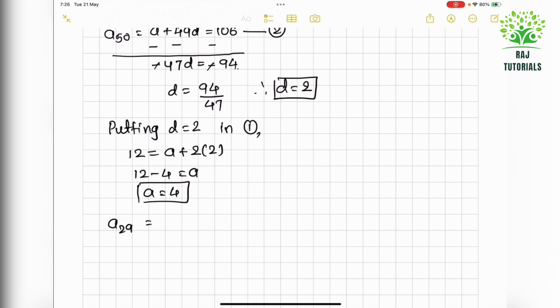So A29 will be A plus 28D. So A is 8, plus 28 into 2. So 8 plus 56. So A29 will be equal to 64.